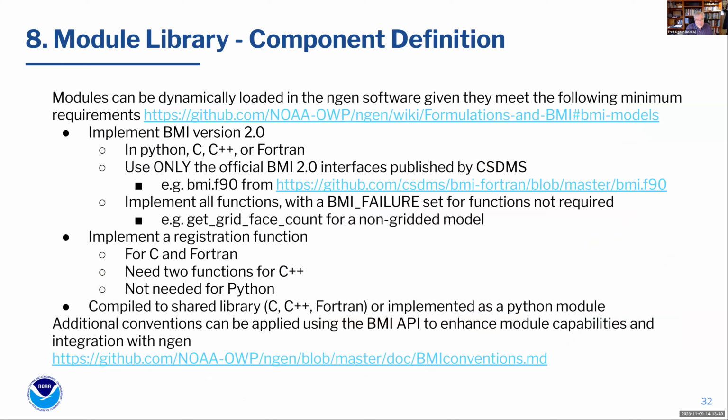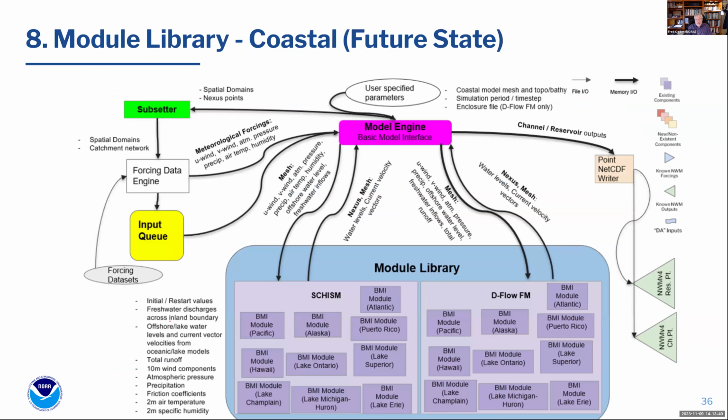It's compiled into a shared library or implemented as a Python module. The module library for the coastal coupling code looks like that. If you want to take a screenshot, be my guest. And we'll make these slides available as well.